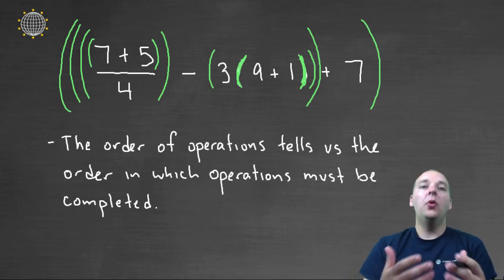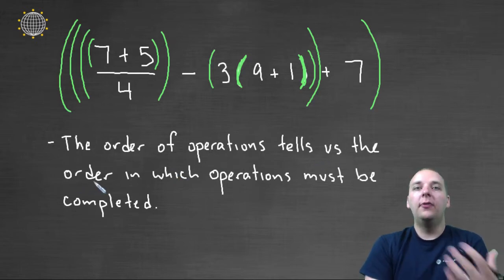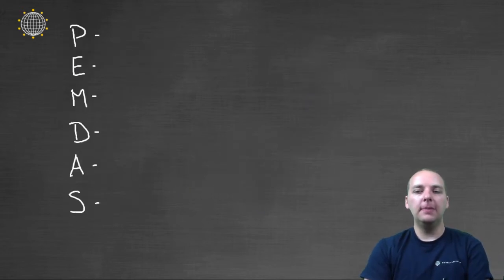And so this is what the order of operations is going to help with. It's going to help us reduce how many parentheses we have all over the place, because it's going to tell us the usual order, or the default order, in which operations are typically completed.